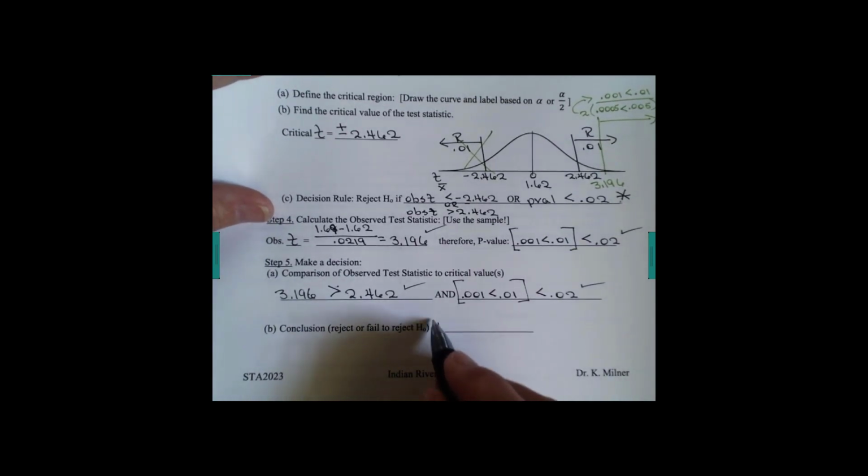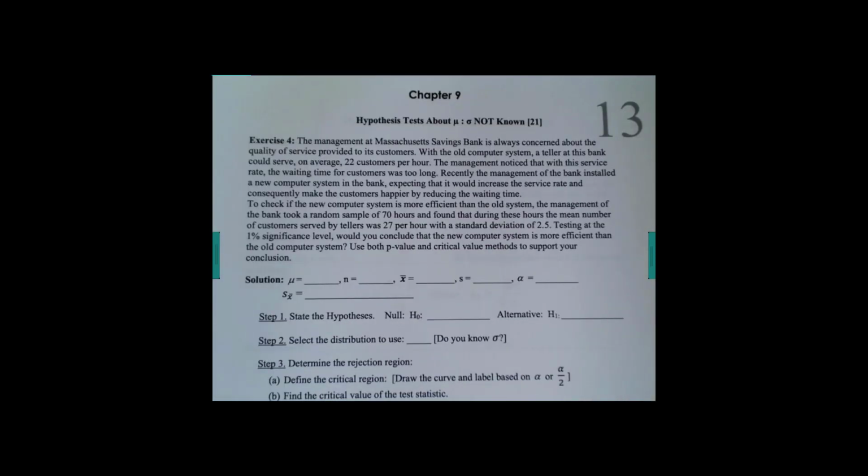And the p-value of somewhere in this range had to be less than 0.02, and it is. So what do we do? Well, as you can see up in your illustration, and our decisions should match that, you reject the null hypothesis. Now I've got one more of these for you on page 13, and by now you should be able to go through and do this all by yourself.